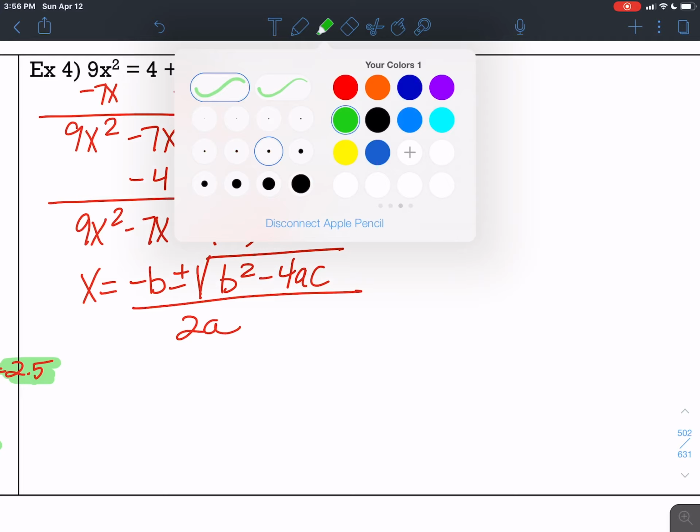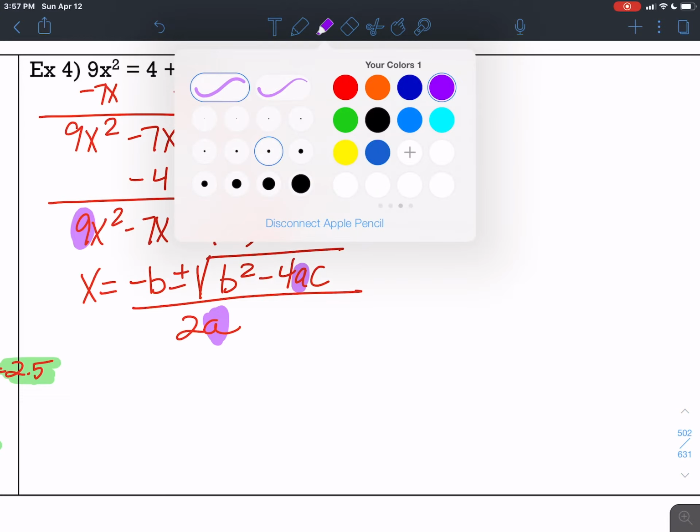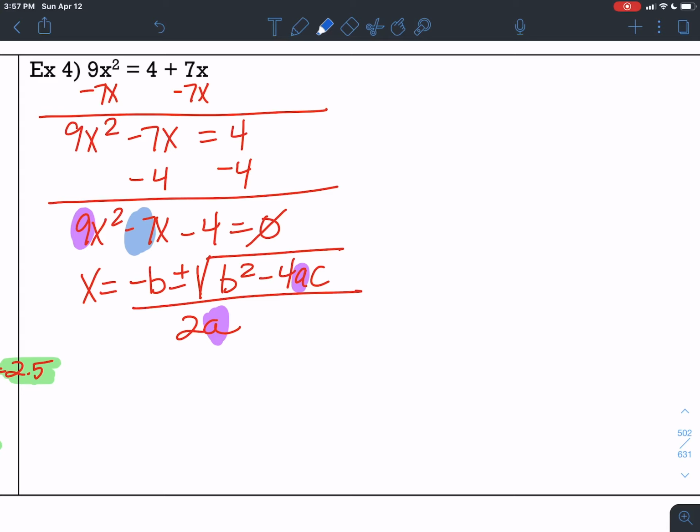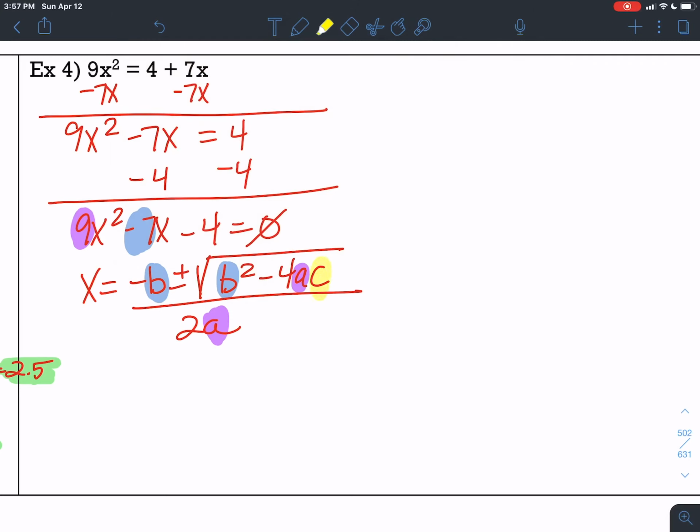I'm going to identify where my different pieces are. A, B, including the negative, and of course, C, also including the negative.